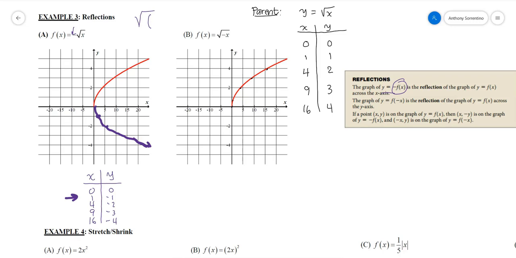So that means I have something that's going to affect my x's. It's a horizontal transformation. So when I start my table down here, the original y coordinates from the parent function are going to be held there. So 0, 1, 2, 3, and 4 is still going to be the case.